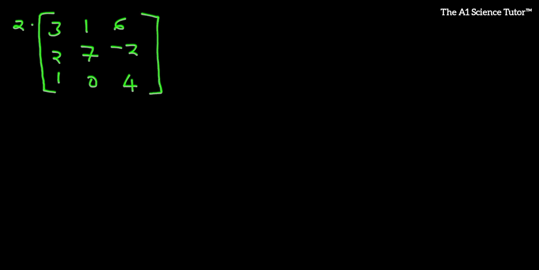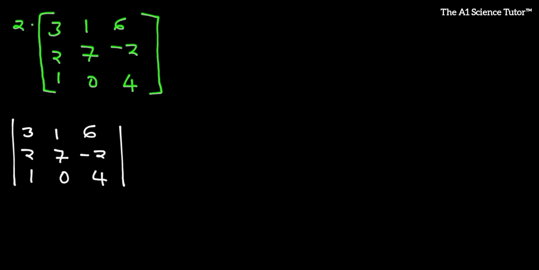So as usual, I need to write these numbers within strokes. So this is going to be a 3, 2, 1, 1, 7, 0, 6, -2, and a 4. Now we need to have a positive here. Here is going to be a negative, and here is going to be a positive.